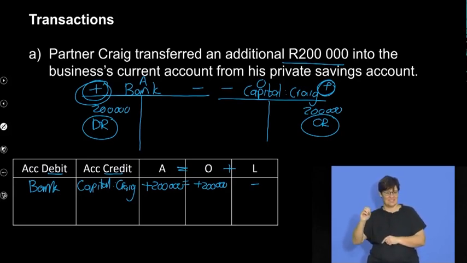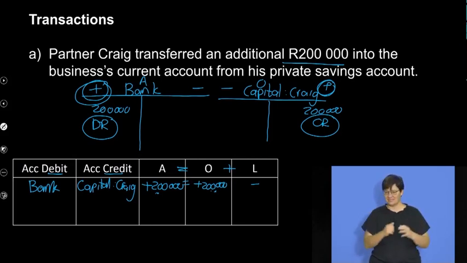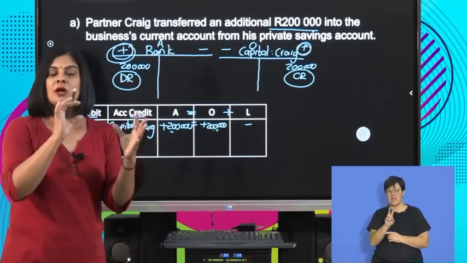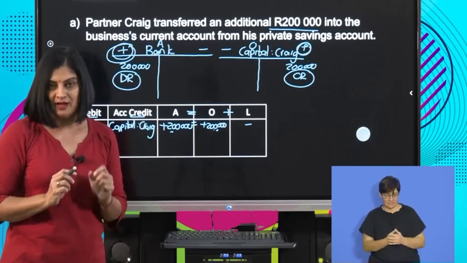So if I look at A, right, if I look at the left-hand side of my equation, I've got a positive 200,000. If I look at the right-hand side of the equation, I've also got 200,000 plus 0, which is obviously 200,000. So can you see that accounting equation is correct? Always a quick glance, just in case you mixed up your plus and minus signs.